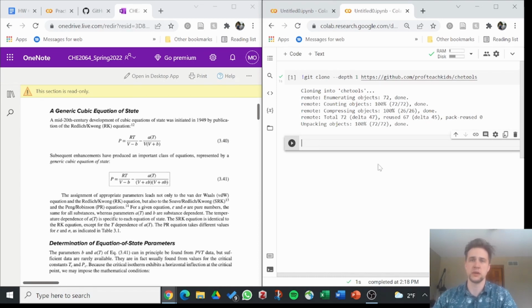This is what we need. These tools already have in them the properties of water in various states and at critical properties that water shows, including values like the eccentric factor and things like that that we'll need.